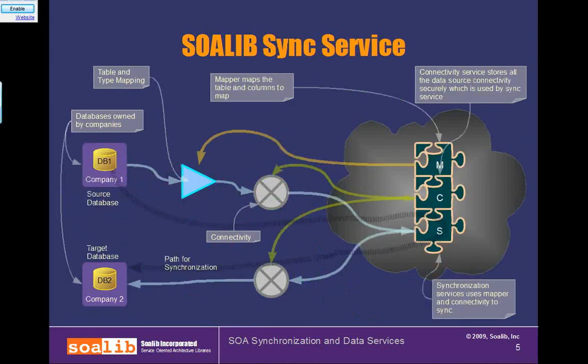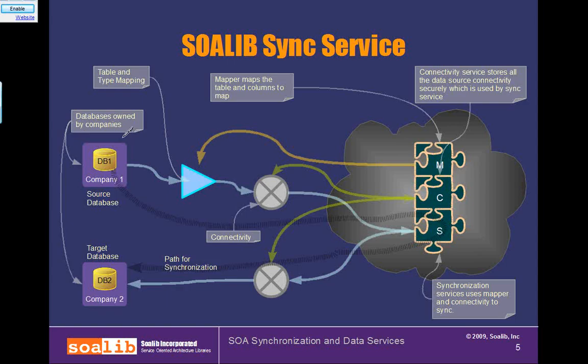This one is a synchronization service, which I discussed in a previous slide. A synchronization service is similar to a data service, but now we have a synchronization operation instead of just a data read operation. A synchronization can be bidirectional.